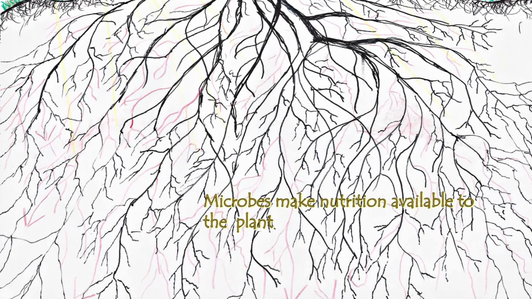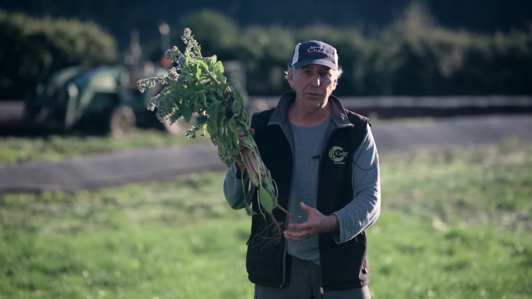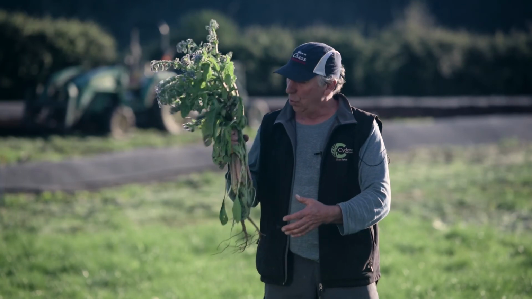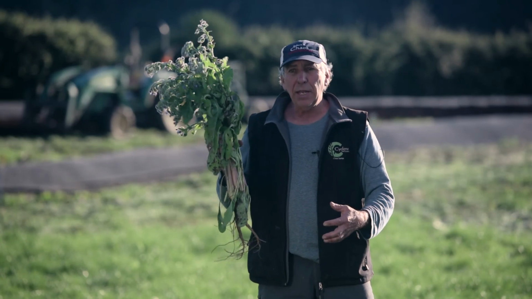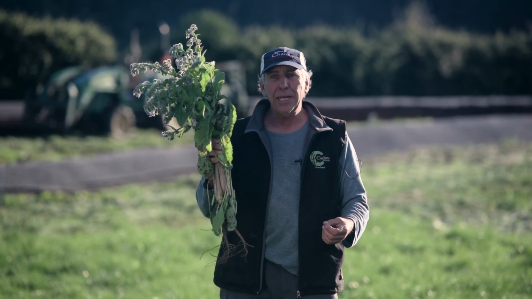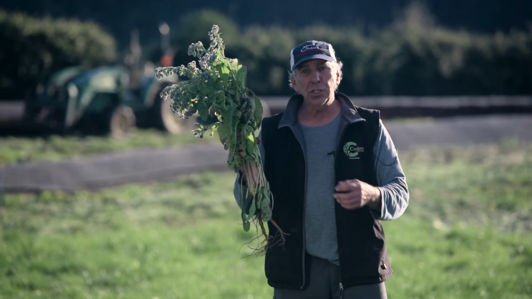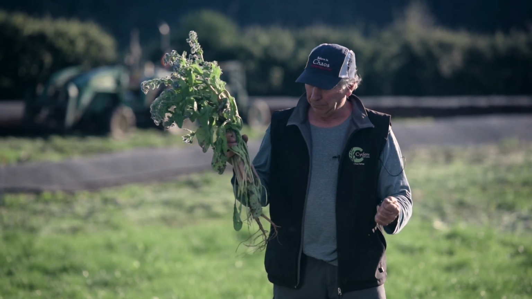And in exchange for that, the bacteria and fungi and other organisms bring nutrition back to the plant, things like calcium and phosphorus. So this is the really important part of soil management that needs to be understood so that the rest of the story can happen.